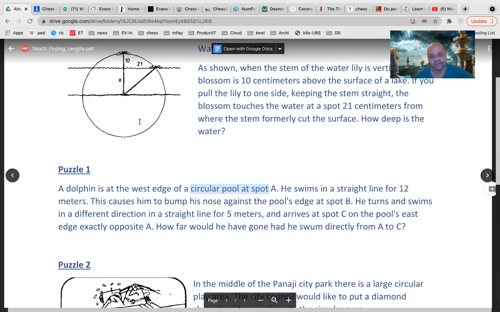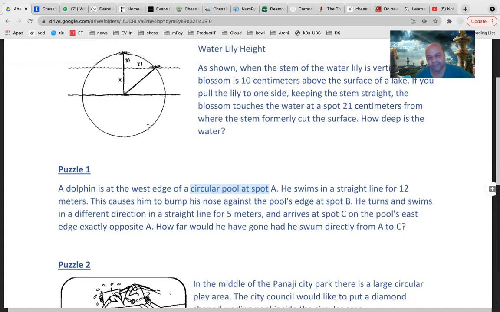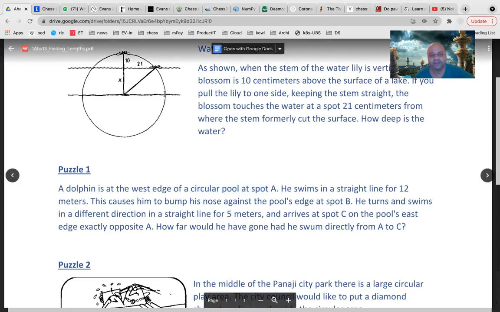From A to B is 12 and B to C is 5. Whatever the spot B, from that point he goes to C, and that is 5 meters. So what is the length of A to C directly?